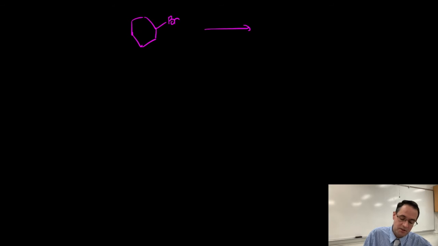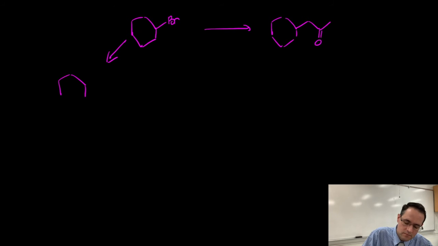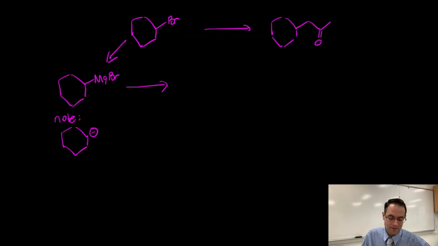It's a little bit sloppy here. So I want to take this alkyl halide and convert it to the Grignard. That right there is a carbanion.